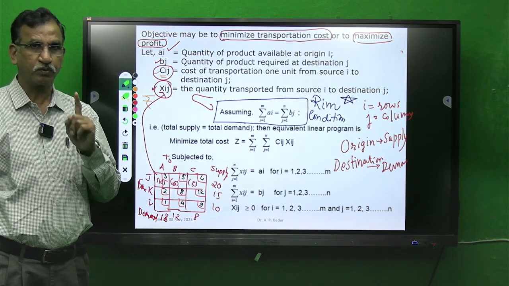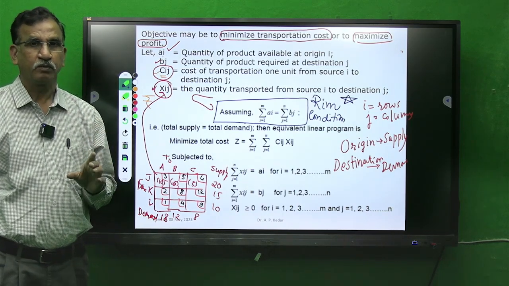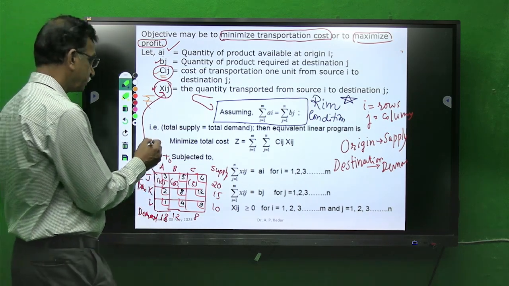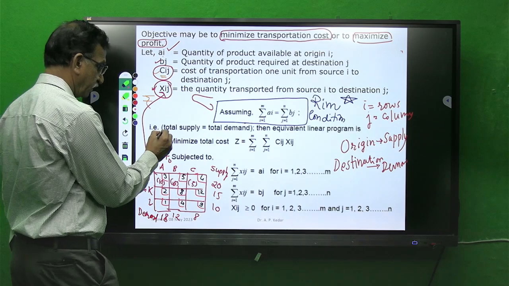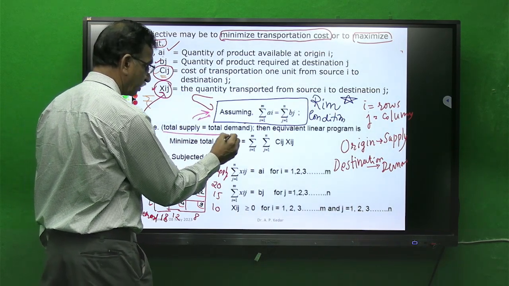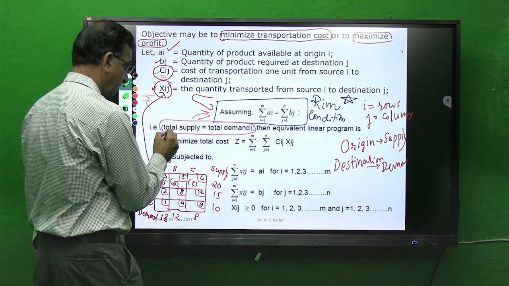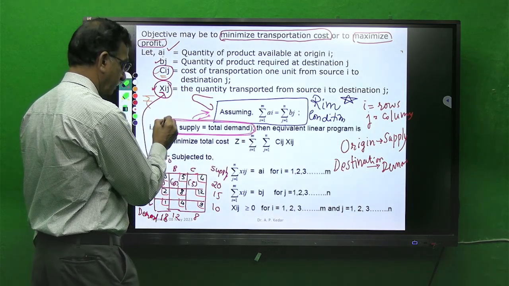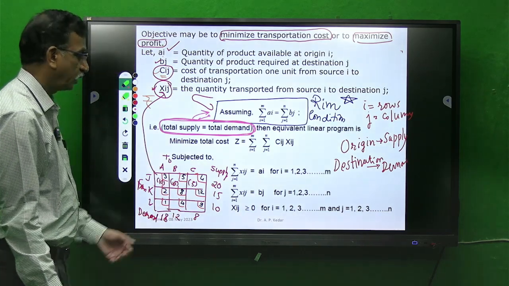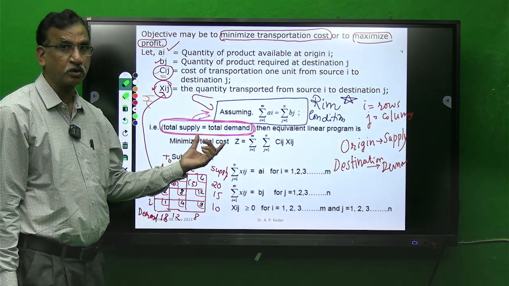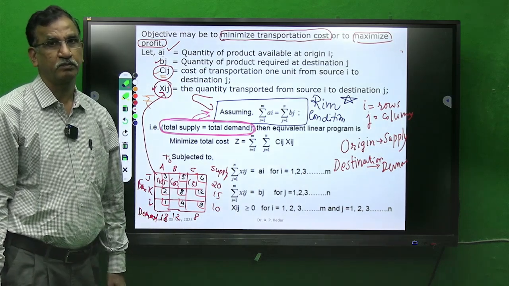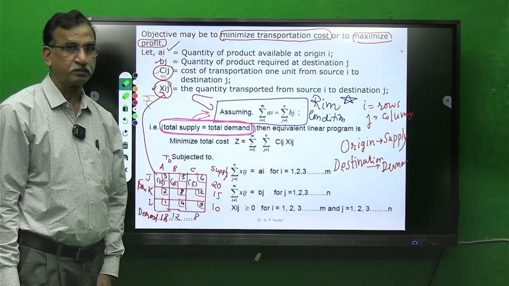Before you start to attempt finding the solution of the transportation problem, you must satisfy this condition, that is, total supply is equal to total demand. If it is not, make it so by taking a dummy supply or dummy column, and then only you can proceed.